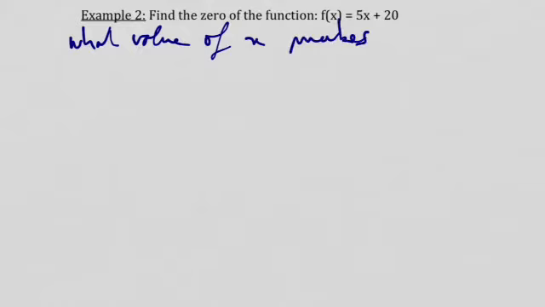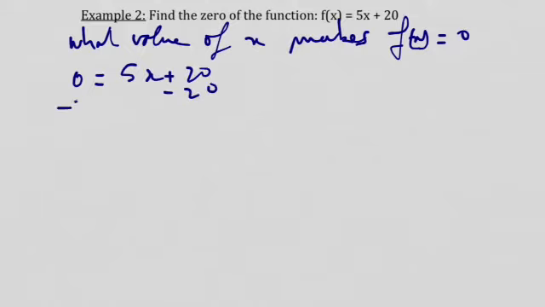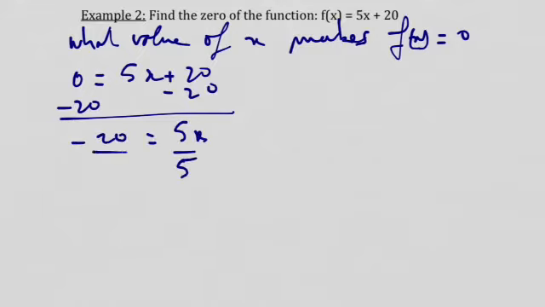Basically it is what value of x makes f of x equal 0. So 0 equals 5x plus 20. I subtract 20 from both sides. I end up with negative 20 equals 5x, and then I divide by 5 on both sides. I end up with x equals negative 4.